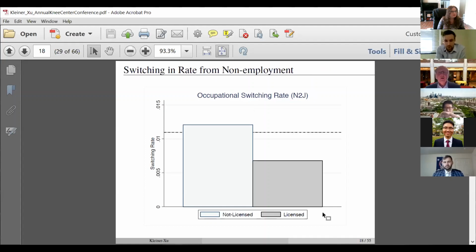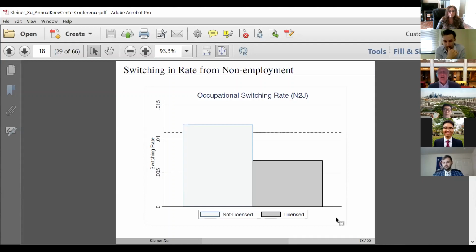This is complementary to the work in the first paper, which looked at the switching rate from non-employment. Non-employment is either individuals who are not employed or out of the labor force. Individuals switching into non-licensed occupations are much higher than licensed occupations, but the rates are not as high as for people switching from job to job.